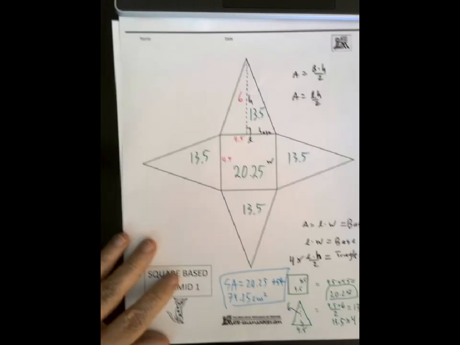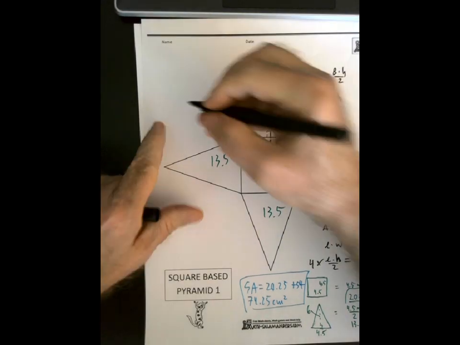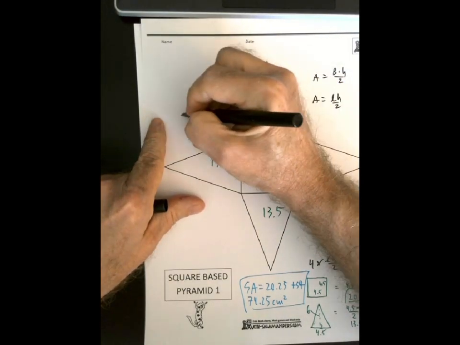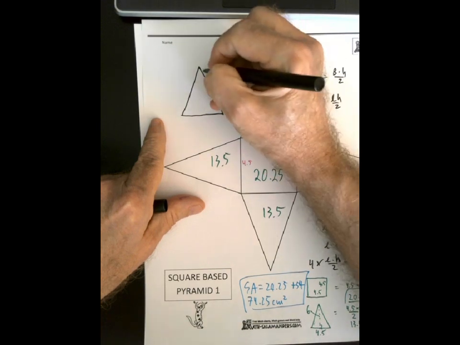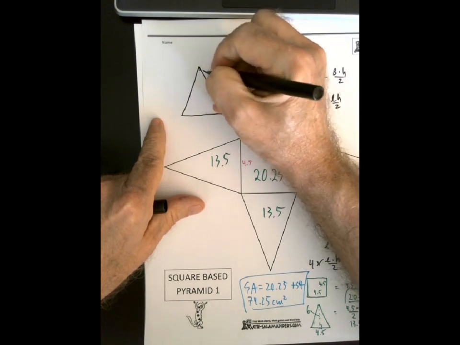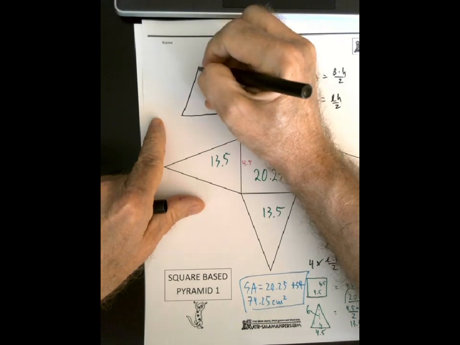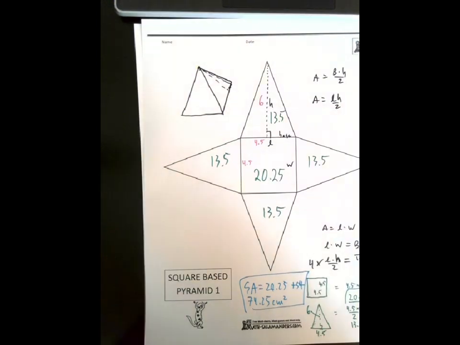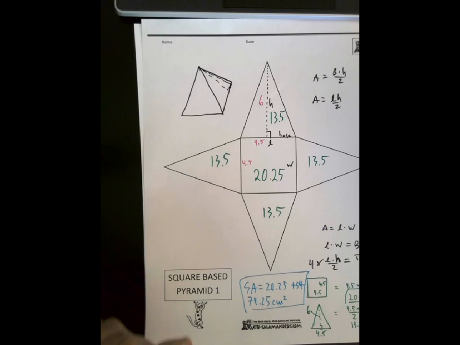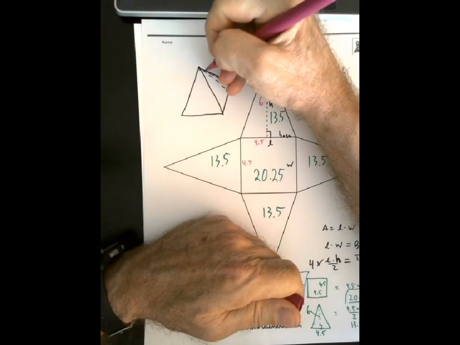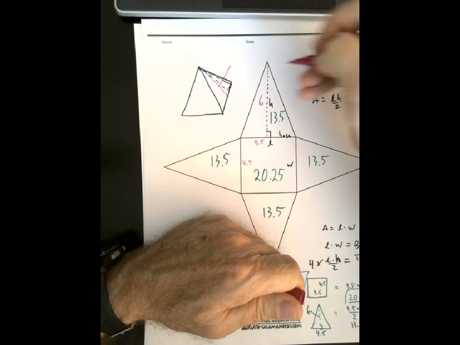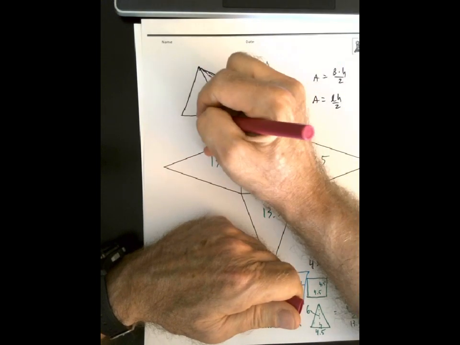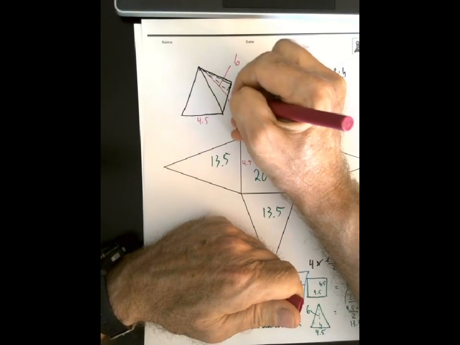Before we go on, I'm going to provide one more picture here, because this is what it's going to look like on our problems. Just like that, a little 3D picture. They're going to tell us that the slant height was 6 and that the base is 4.5.